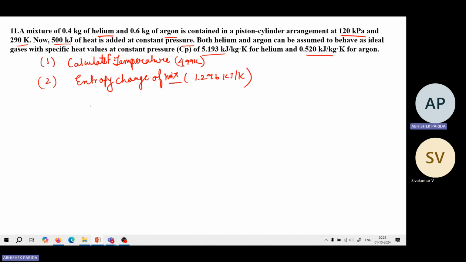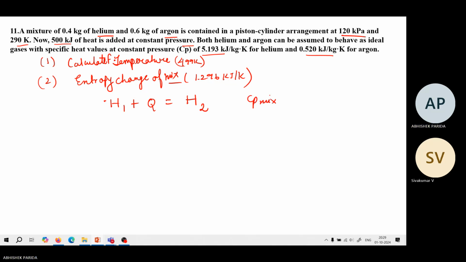Okay, so first of all, you need to find out the final temperature. And how do you find out the final temperature? As I already said, by energy conservation. So what is the mixture Cp?